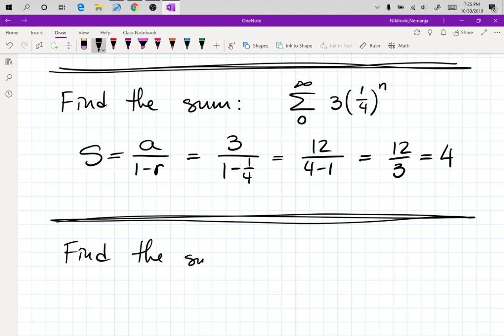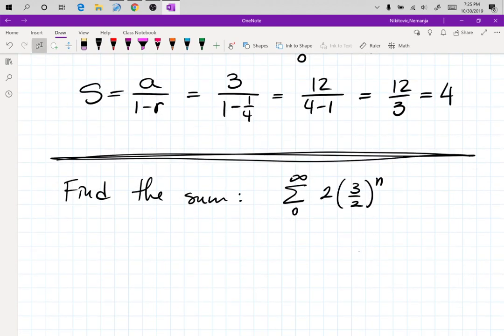Find the sum. Summation of, let's go 2 this time, of 3/2 to the n, 0 to infinity. Yes, sum is what the series converges to, exactly.